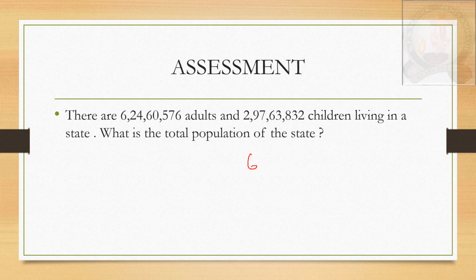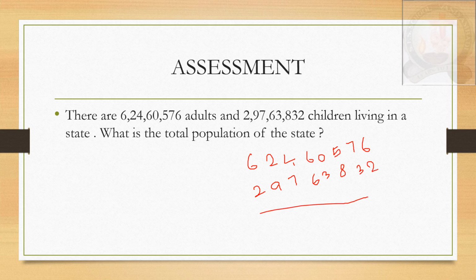So now what they asked us to find is the total population here. Okay, let us write here 6 crore 24 lakh 60,576, 2 crore 97 lakh 63,832. Okay, add these two numbers here.